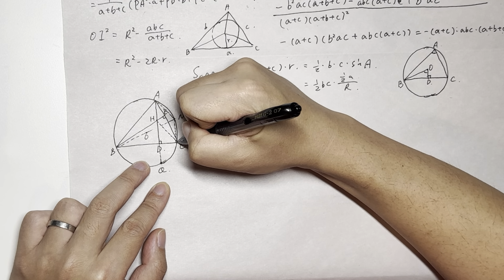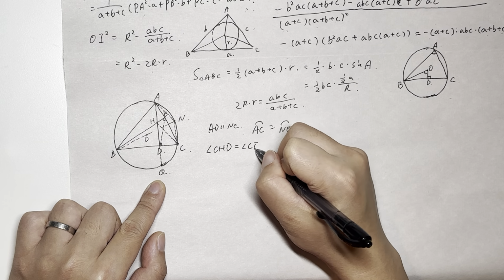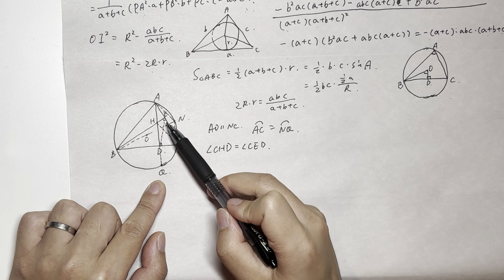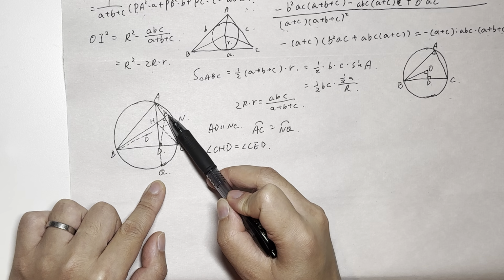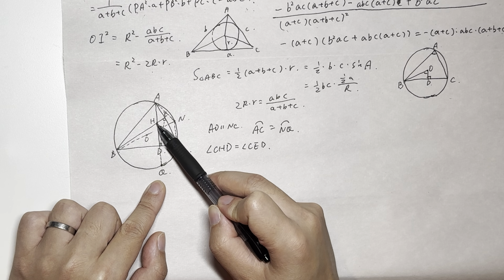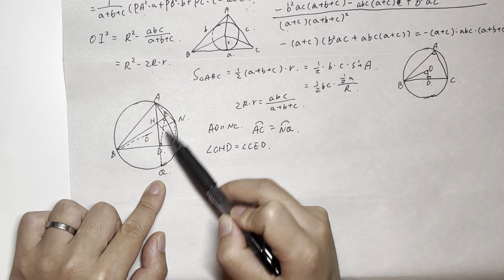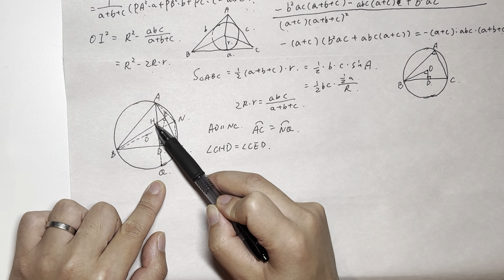Let's connect ED as well. Angle CHD equals angle CED. Why? Because angle HEC is 90 degrees, angle HDC is 90 degrees, so HECD is a cyclic quadrilateral, which means angle CHD equals angle CED, right?